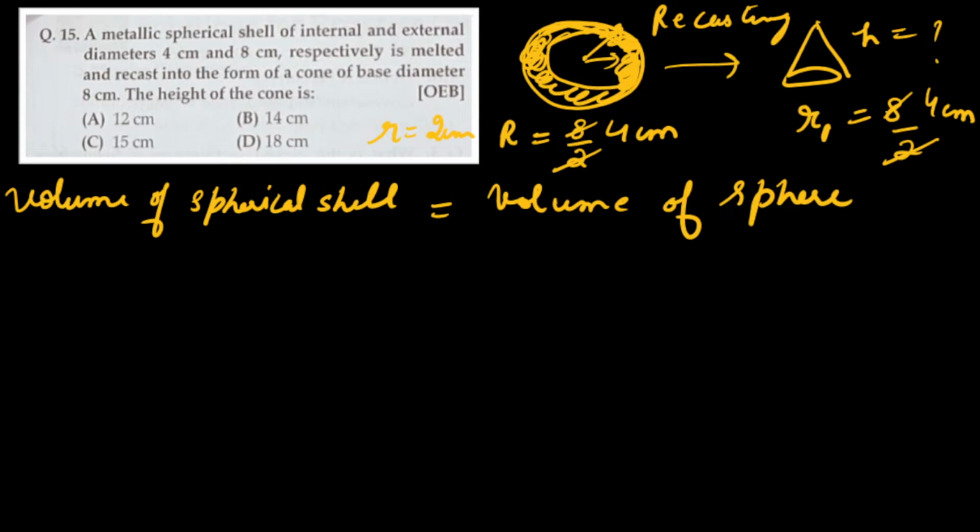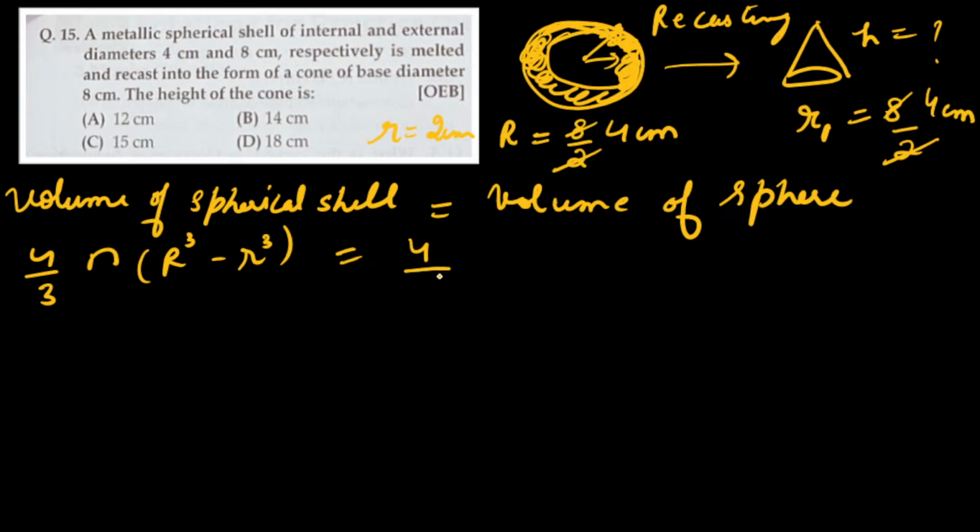What's the formula of volume of spherical shell? I don't remember the formula. You have to tell me. 4 by 3. So Rehan has given the formula. 4 by 3 pi (R cube minus r cube). So external radius cube minus internal radius cube. So this is the formula for volume of spherical shell.